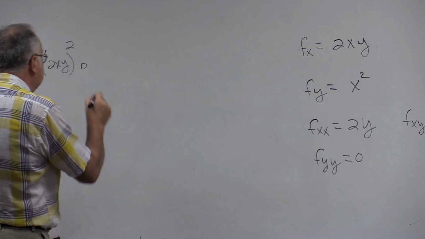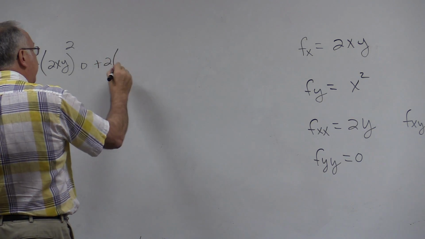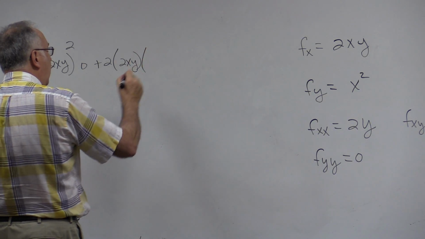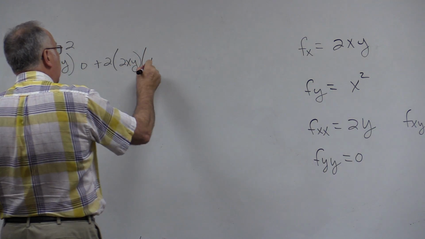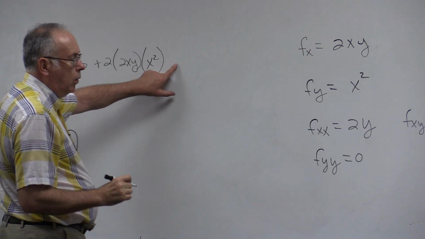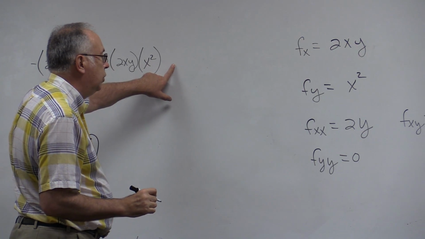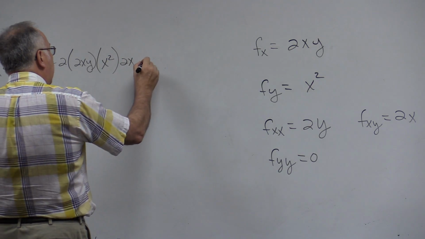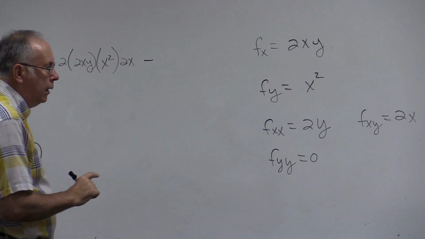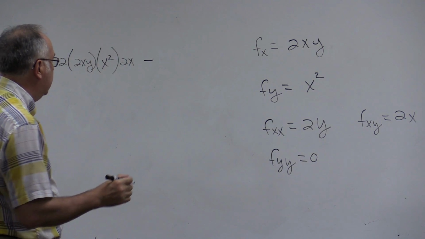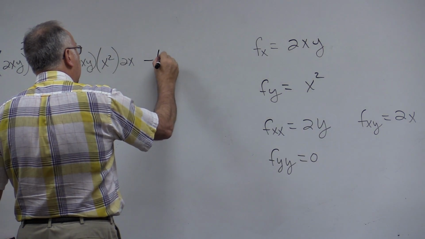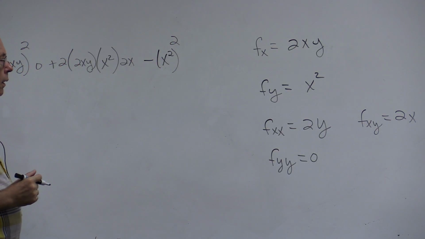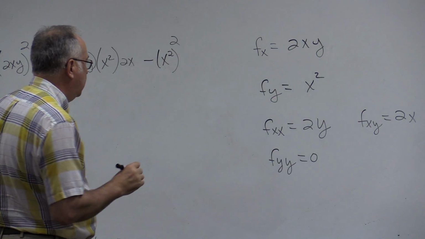Plus 2 f sub x, 2xy, f sub y, x squared, f sub xy was equal to 2x. Minus f sub y. So that's a minus x squared squared, times f sub xx, 2y.